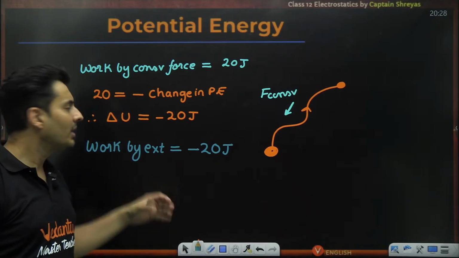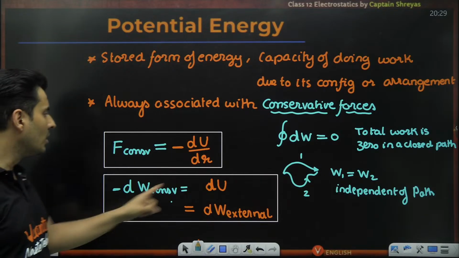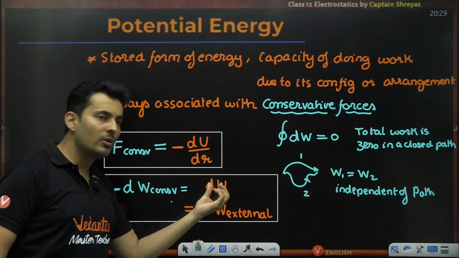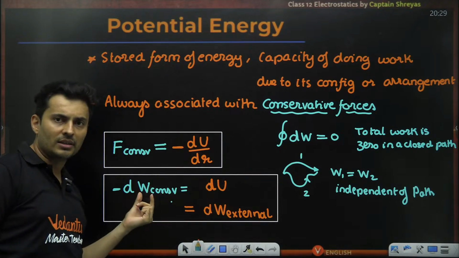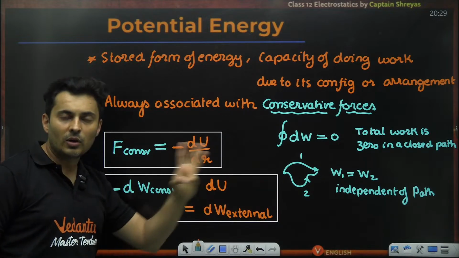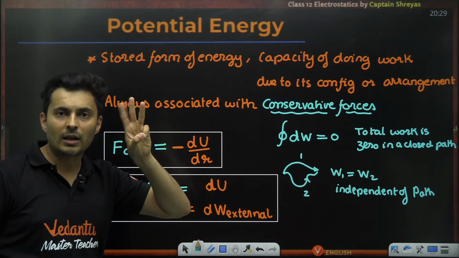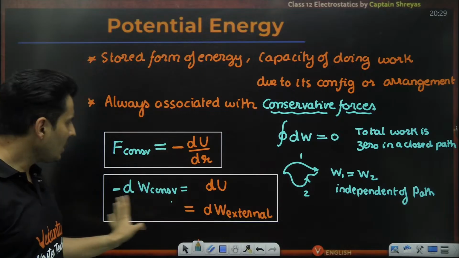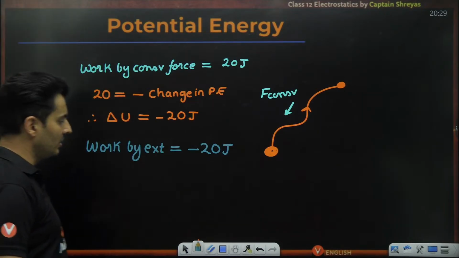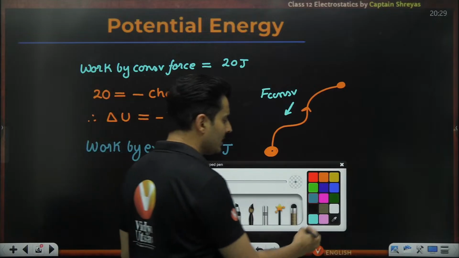So anytime any of these three things is given to you, you should be able to calculate the other two. If dU is given, you can calculate the other two. Is this clear? Very, very important, my dear students. One more example which I can give you.